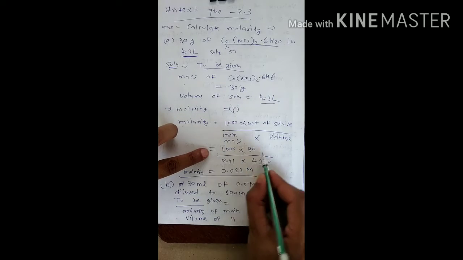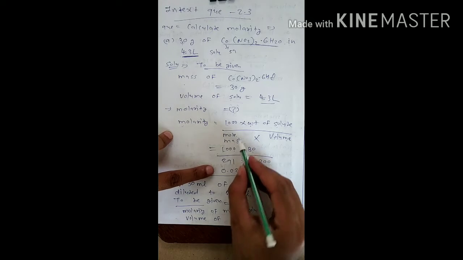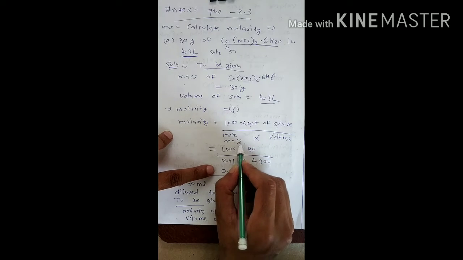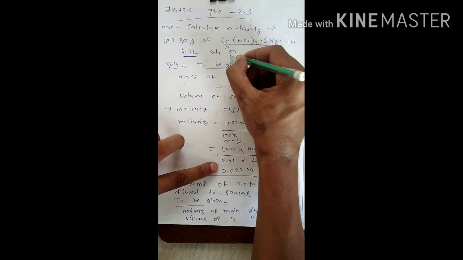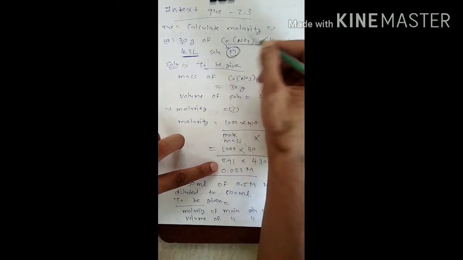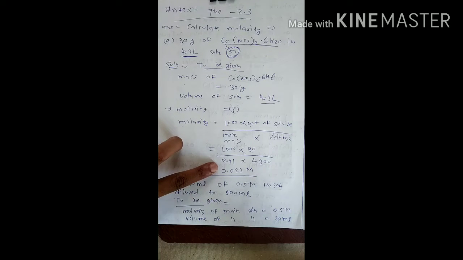So 1000 times weight of solute, given as 30 grams, divided by the molecular mass. How are you going to calculate that? Co atomic mass is 59. You will get the atomic mass in your exam, not the molecular mass.